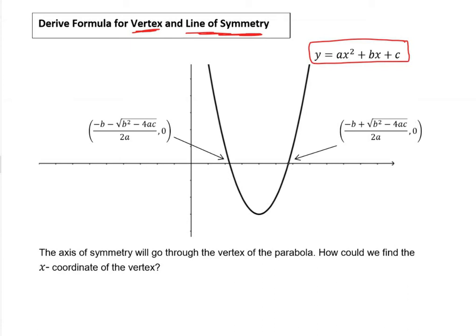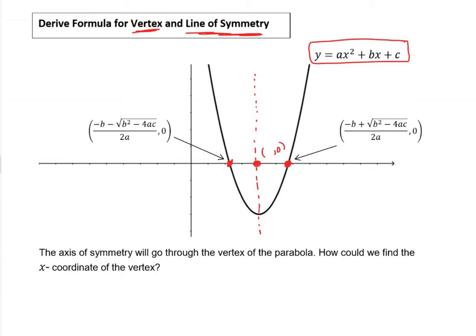Well, the first thing I want to notice is that this point right here and this point, my x-intercepts, can be found by using the quadratic formula, and it gives me these 2 points. Next thing I want to be looking at is this line of symmetry. It goes right down through the middle of my graph. I know that the y-coordinate of this point is 0.